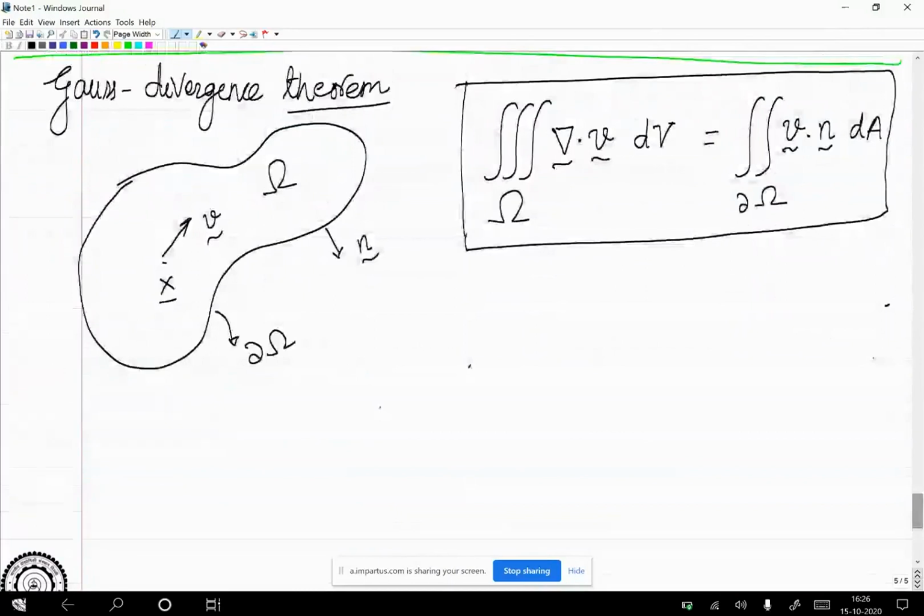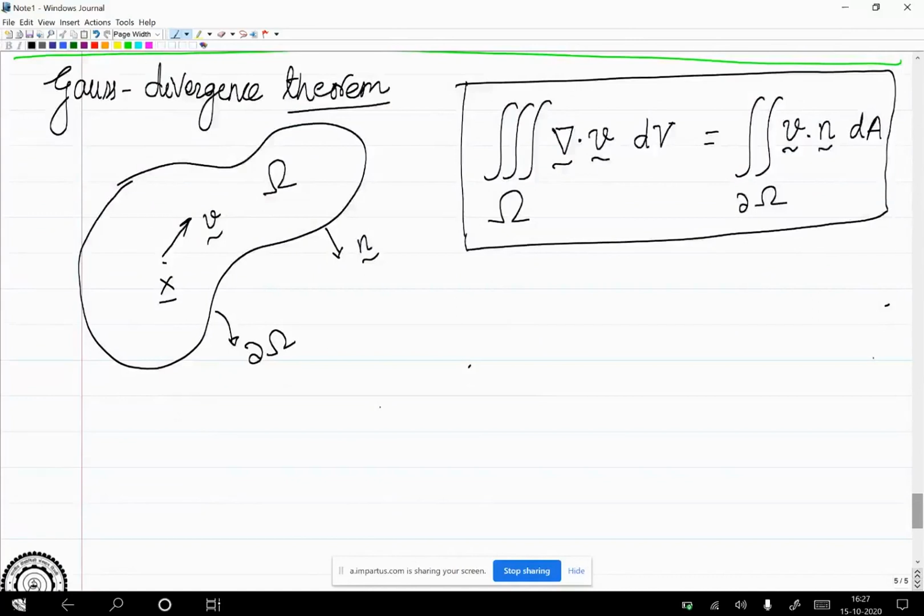Are you all with me? Of course, there is a proof to it also, but I'm not going to prove it. But I will deduce several interesting results from here. Sir, why is the del symbol used? Yes, this is how mathematicians do it.